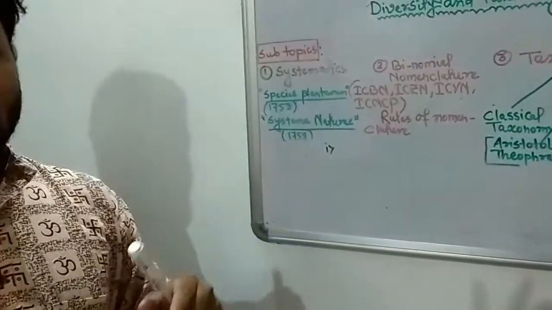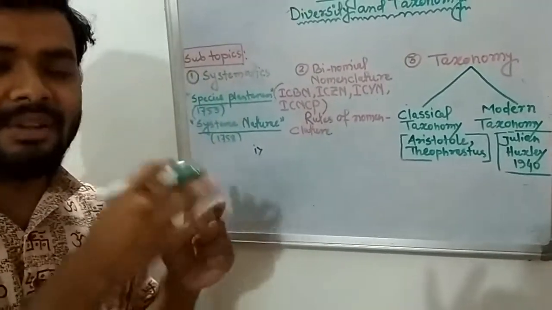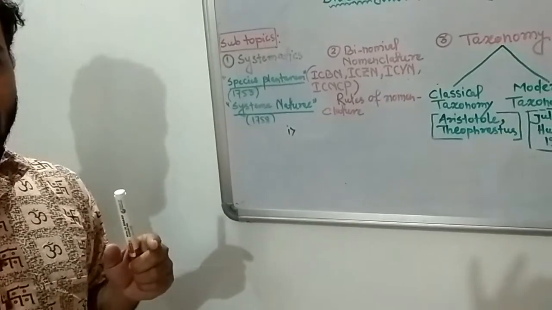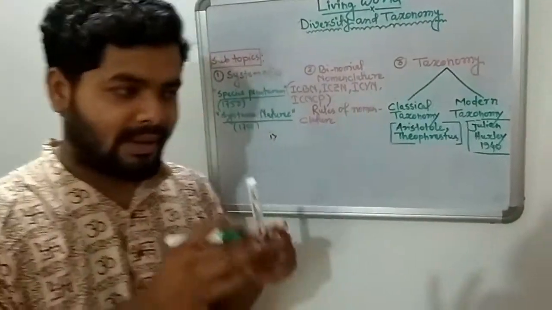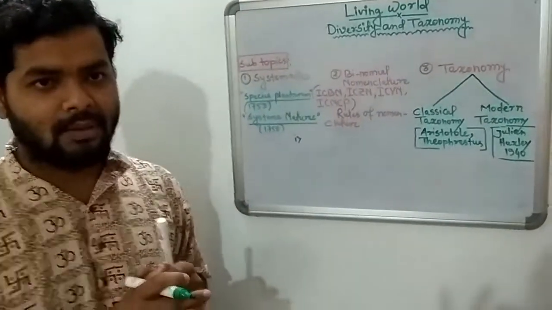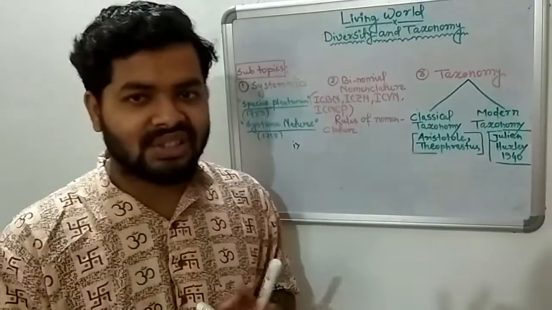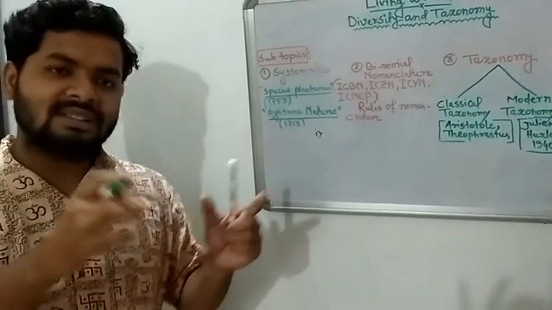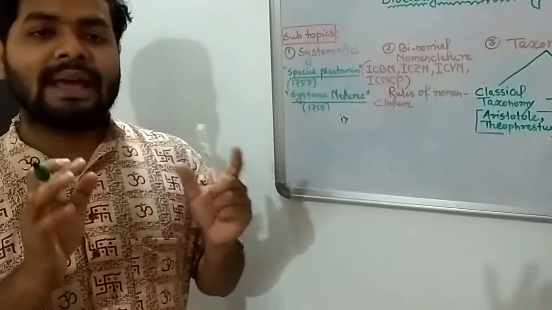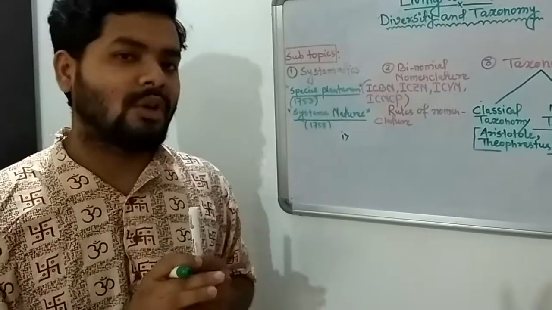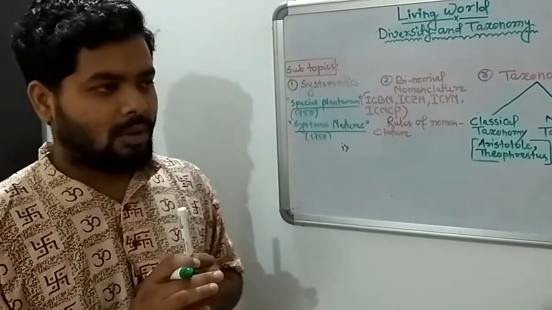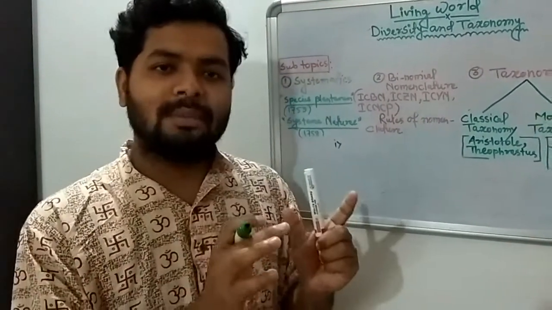There is also a common name, because mango is an English word. In Bangla it is known as aam. Similarly, in different regions and languages, there are several different common names of a particular organism. But how can we recognize this organism throughout the world? The only way is to give a scientific name.